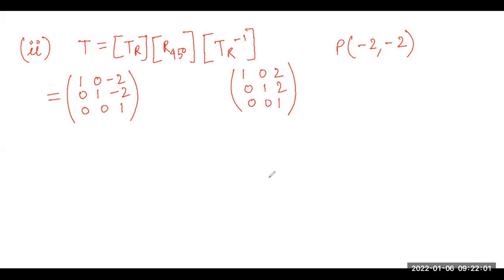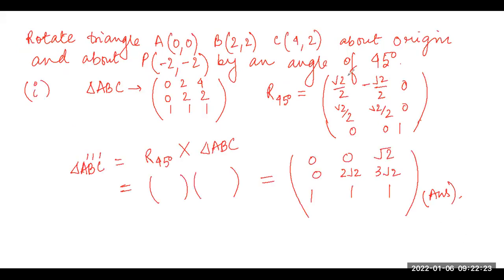Easy. For the inverse of translation, just TX and TY will have the opposite sign. Easy. And what will my rotation matrix for 45 degrees about origin in column major form look like? Same, this one, this is my rotation matrix about 45 degrees in column major form about origin. Clear? So this is the same rotation matrix.